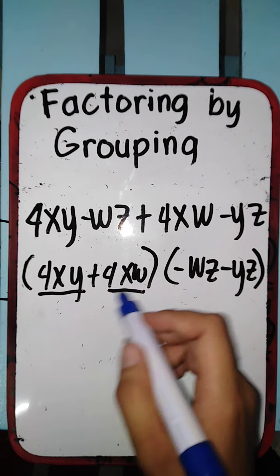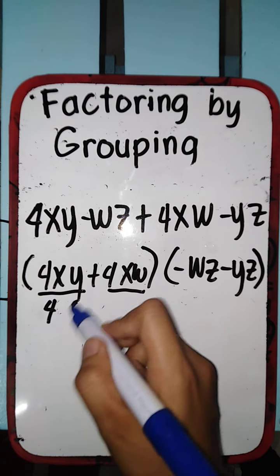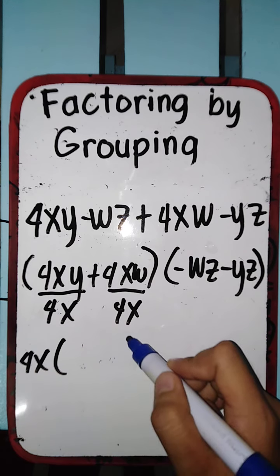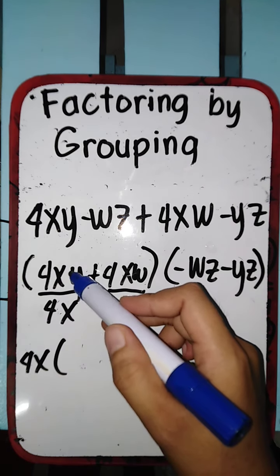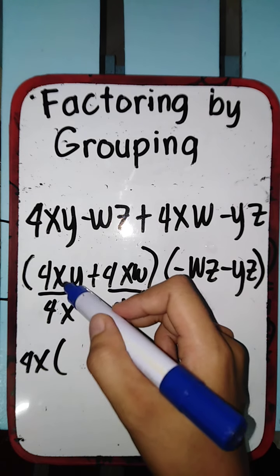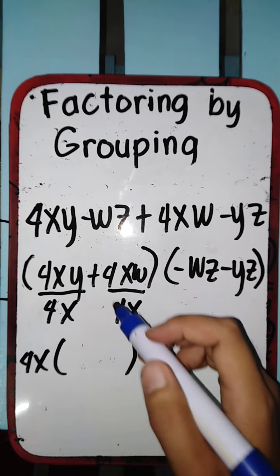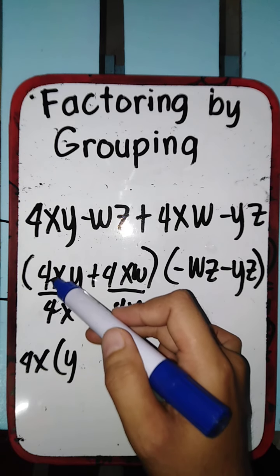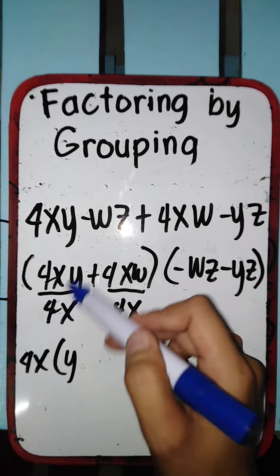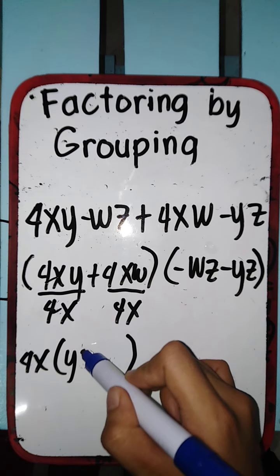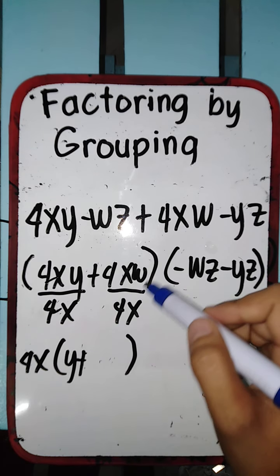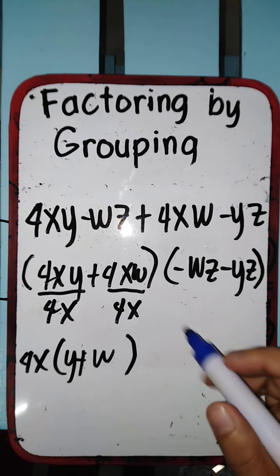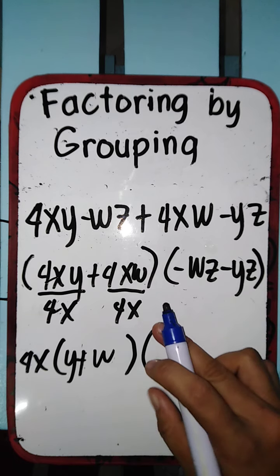They have 4x, and we write 4x outside the parentheses. Then divide both terms. 4xy divided by 4x is y, because 4x cancels: 4x divided by 4x is 1, and 1 times y is y. Plus 4xw divided by 4x is w.